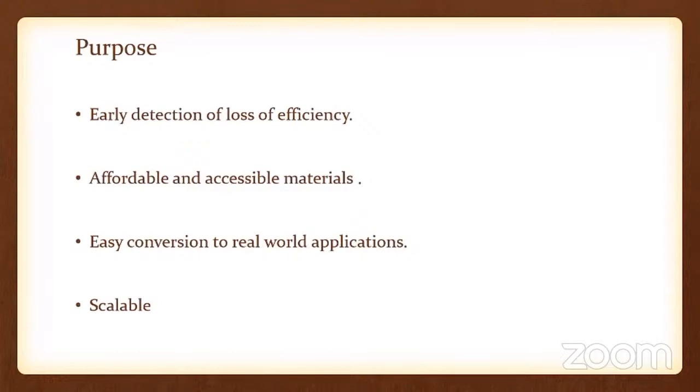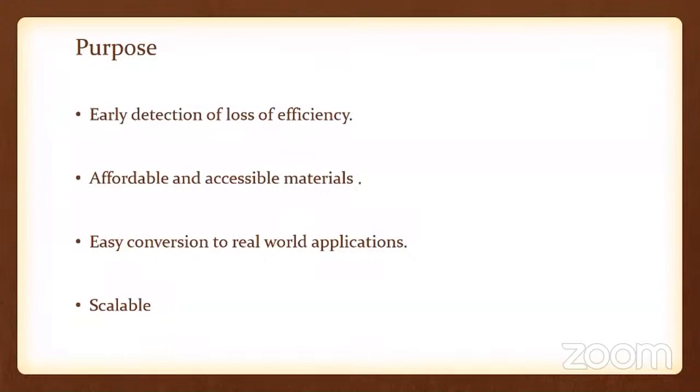The purpose of this research was to describe a device that could be used for the early detection of loss of efficiency of a solar installation, so that immediate action can be taken to rectify the fault or problem and therefore reduce the losses in the system and increase the overall efficiency of the installation. Some of the goals set out when starting the research include using affordable and accessible materials for consumers, but not limiting the system to cheap, inaccurate, or unreliable sensors and components.